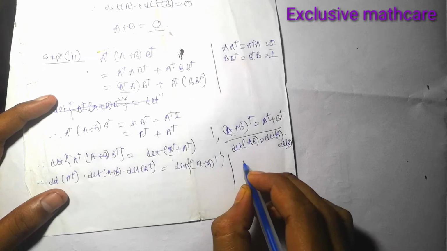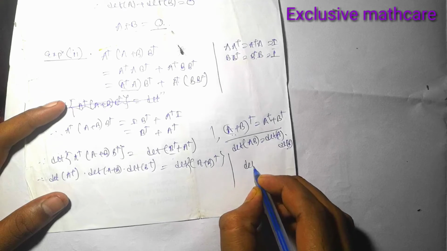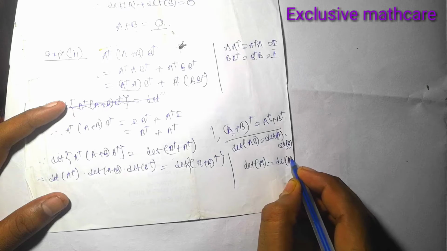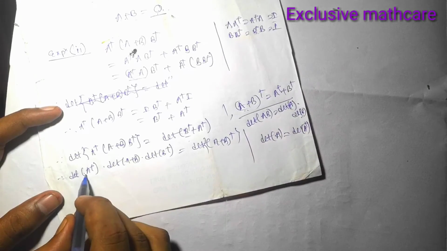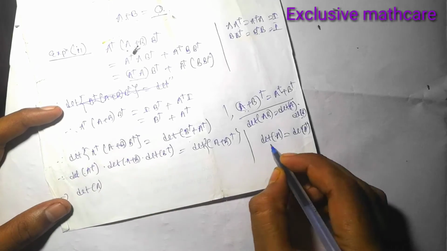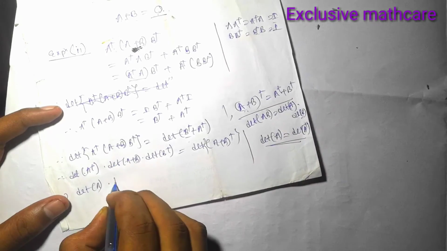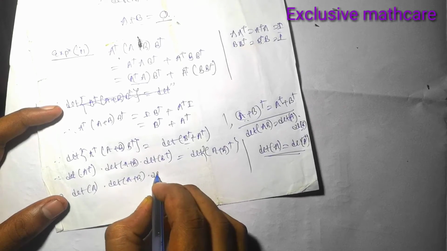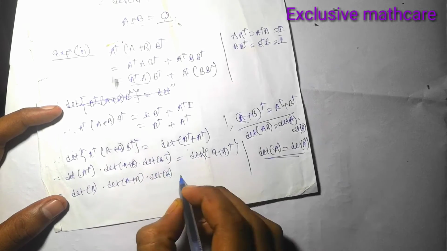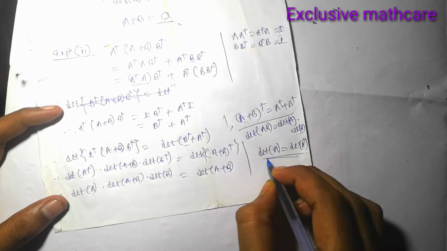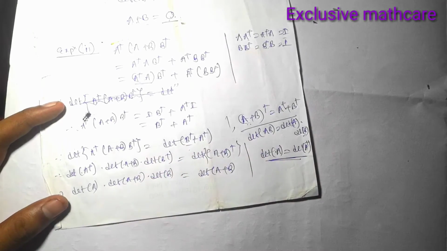Also we know another result, determinant of A equals determinant of A transpose. So here we can write det of A as this. So det of A plus B into det of B. So from here, det of A plus B, using this property we can write this.